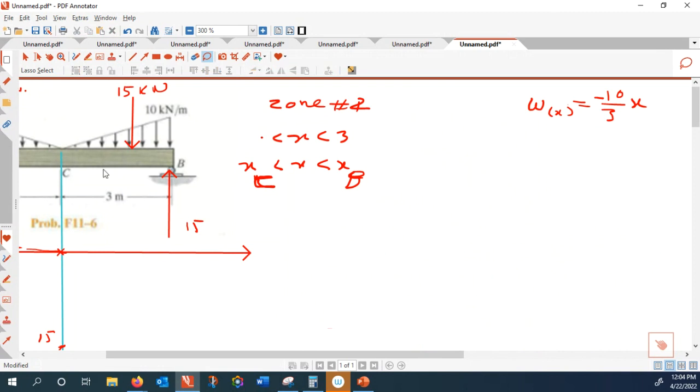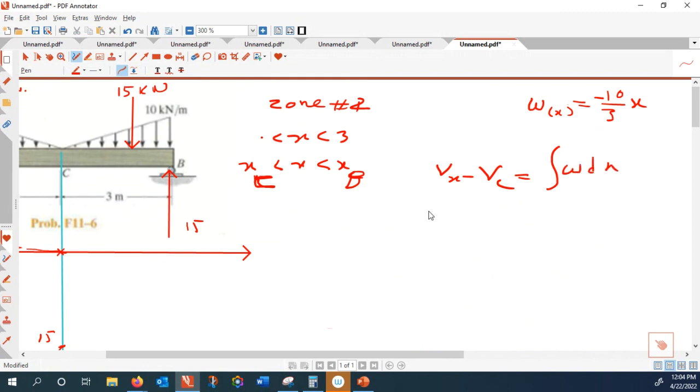Now let's take it from here. V of x, this is the second zone. V of x minus V of c is equal to the integral of w dx.